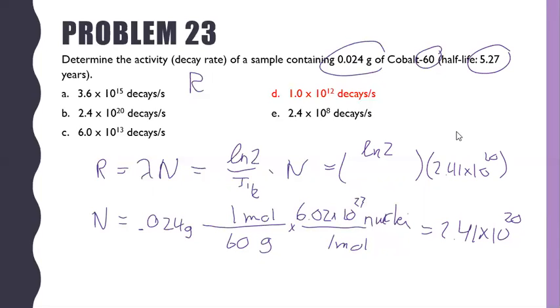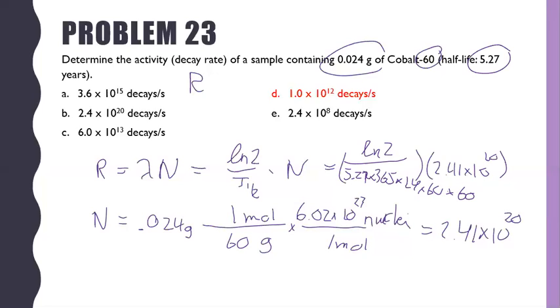5.27 years, but I need that changed to seconds. Didn't give myself a lot of space for this. 5.27, that's years. Then we multiply by 365. Then we multiply by 24 to get hours, and by 60 to get minutes, and by 60 to get seconds. So that whole part goes in there.